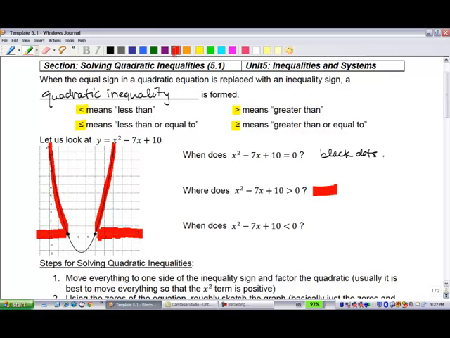So for me, that's in red. Let's try this in green now. Where is the function below 0? That x squared minus 7x plus 10 defines our parabola. Below the x-axis is the region in between.